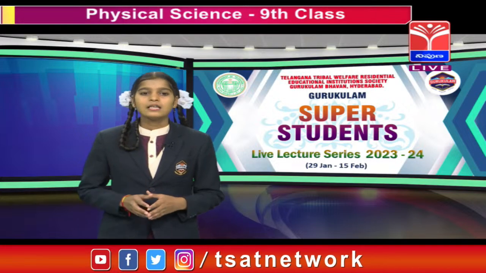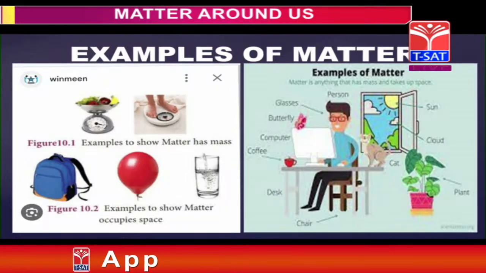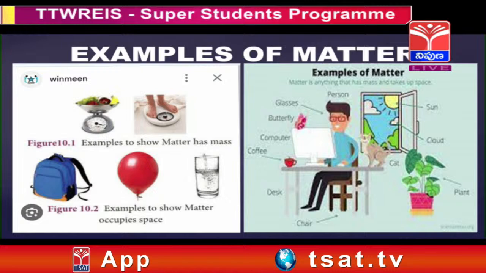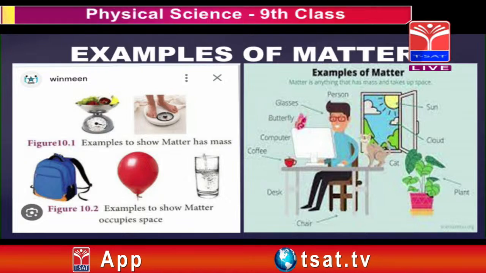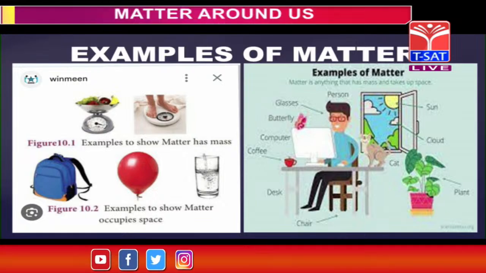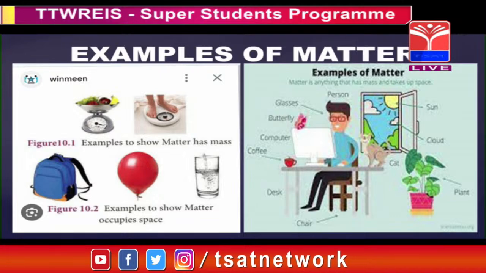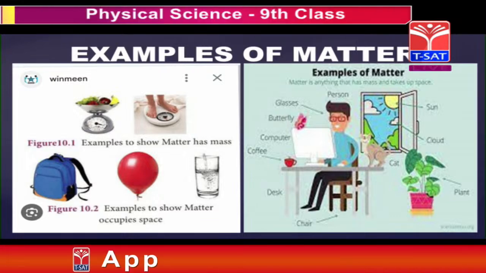Here you can see some examples to show matter has mass. Fruits and human beings have mass. Examples to show matter occupies space: air in the balloon, water in the glass, bag in the room. These are all occupying some space and have mass, so these are considered matter.